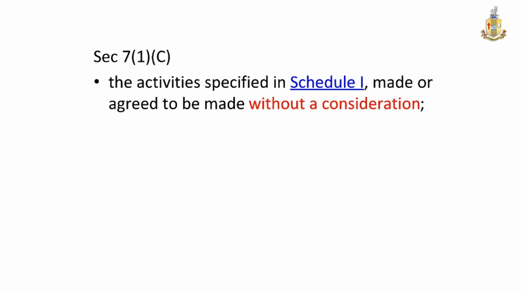In Schedule 1 they are giving us four points. In those four points, even without consideration, we will call it as supply, that is what they are telling us in 7.1c.